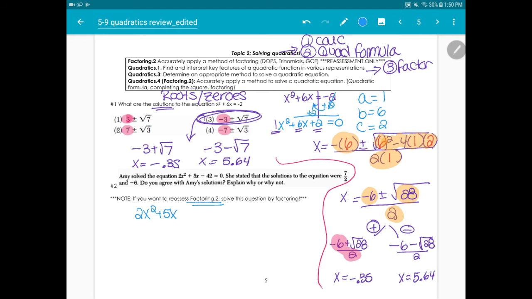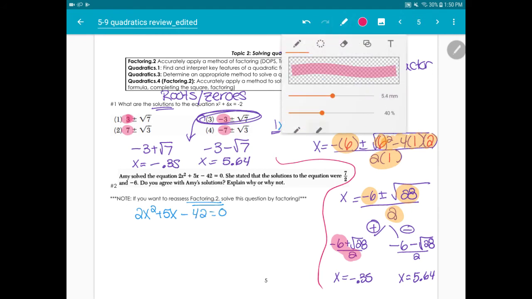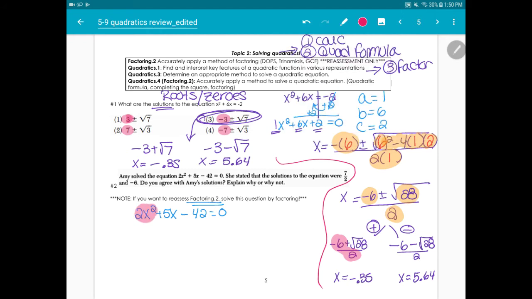In order to factor it, it's already set equal to 0. We are going to multiply our first term by our last term. Remember, we're creating our factor sum table. So the product is -84 x squared, and our sum is going to be 5x.